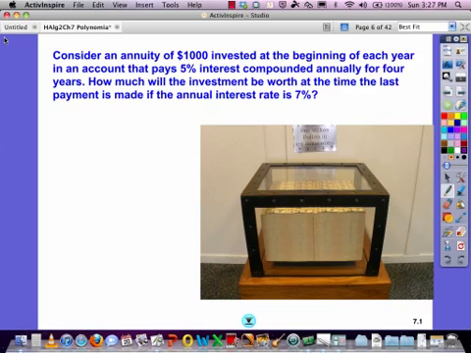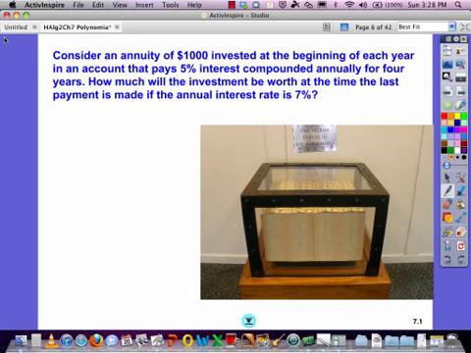How much will the investment be worth at the time the last payment is made if the annual interest rate is 7%?